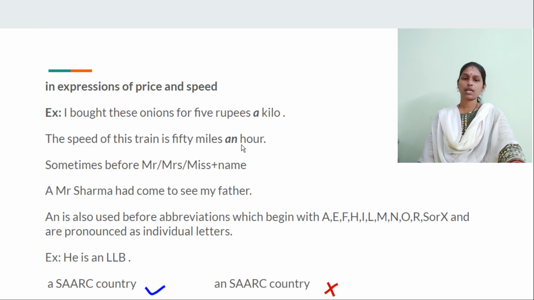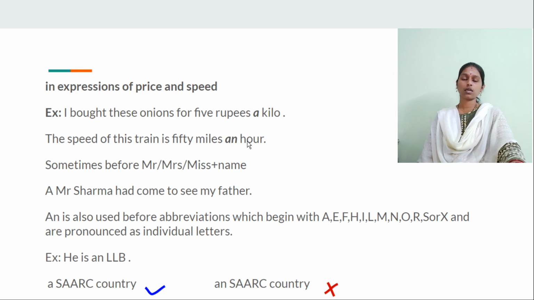In the same manner, honest is also used like this. And university: we are not pronouncing it with a vowel sound, so we use a there.